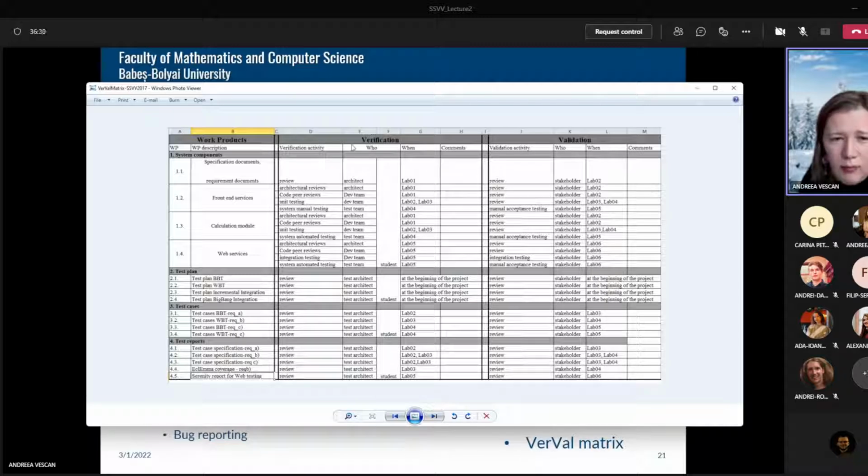So again, when we talk about verification, we talk about the process, and when we talk about validation, we talk about the product. As you can see, we have different verification activities, such as code review, the unit testing part, and also the architecture point of view. So there are a lot of views in the testing plan, right? Who is going to do this activity, and when?